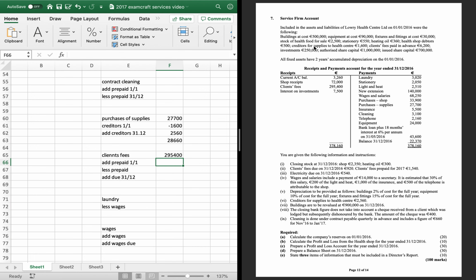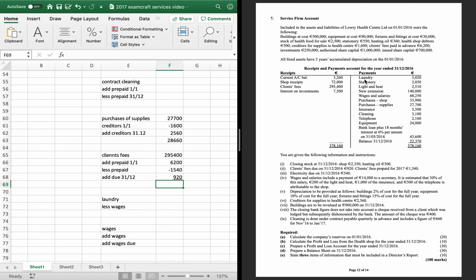We're going to add that advance of 6,200. If there's any prepaid at the end of the year, we're going to take it away. That's for clients who've paid us, say, in December for January's treatments or membership. We take that away because it's to do with the following year. If there's any due at the end of the year, so people have used our services but haven't paid up, that is 920, which we need to add on.